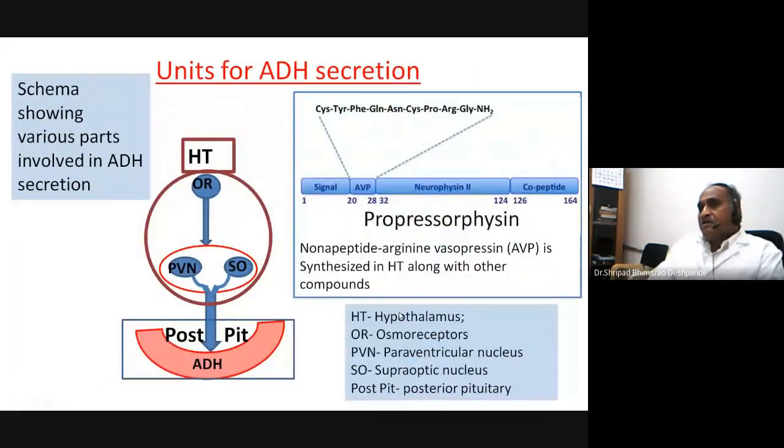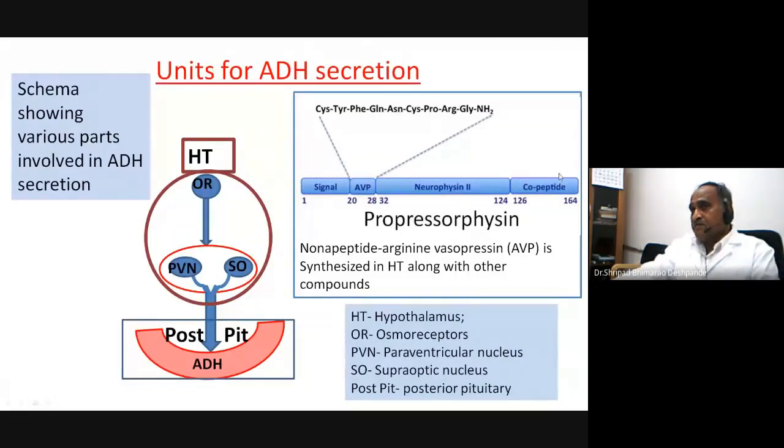Now, going a little higher up. These are the paraventricular nucleus and supraoptic nucleus. The neurons there secrete the hormone from a large peptide.